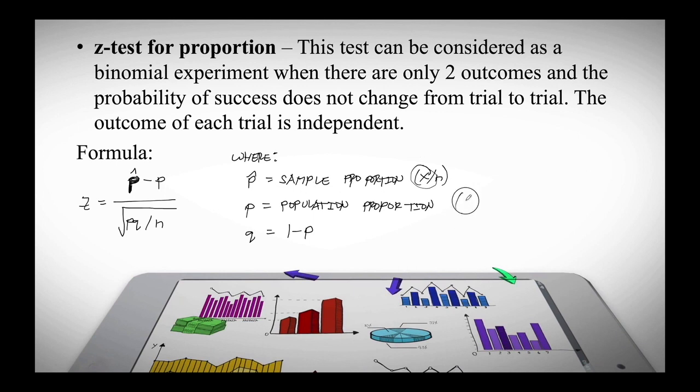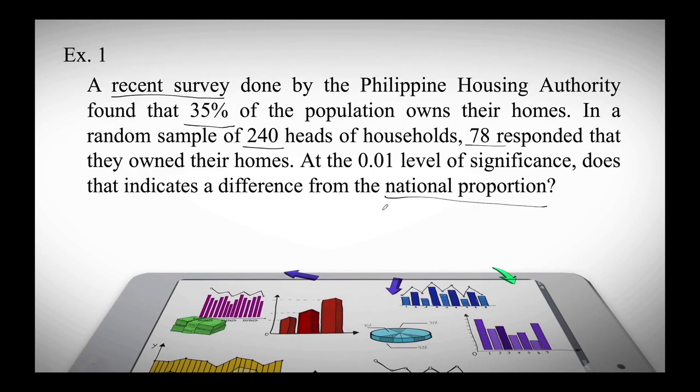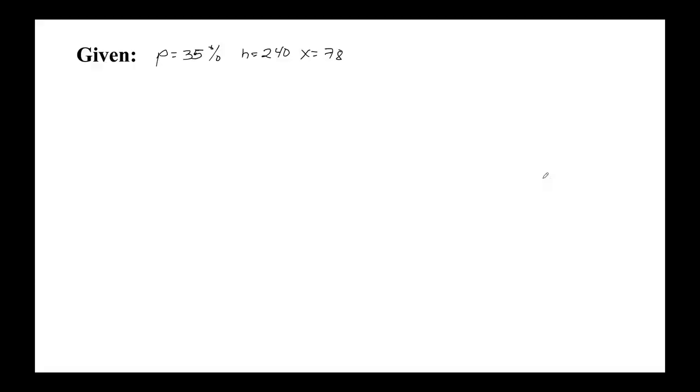It is X over N, the same as before; this one is population, this one is sample. In our problem, the point of interest is those who responded yes, they own the home. That is the 78. And the other given is alpha, 0.01.